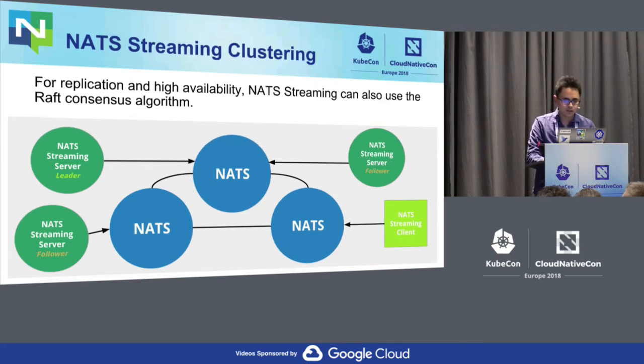And there's also NATS Streaming clustering support by using Raft. The way this works is by following the Raft consensus algorithm. One of them becomes the leader, and you can have a set of followers that are going to be replicated all of the logs of the messages that are published to NATS.